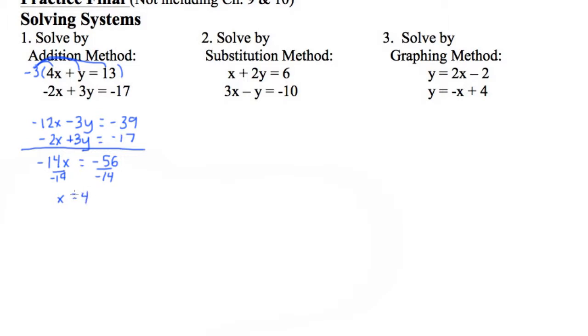We're half done. Remember, we want to find the x and the y value that make this system of equations true. Now that we have the x value, we can just take one of our original equations. Doesn't matter which one. I picked this first one. And we know that x is 4, so sub in a 4 instead of that x value.